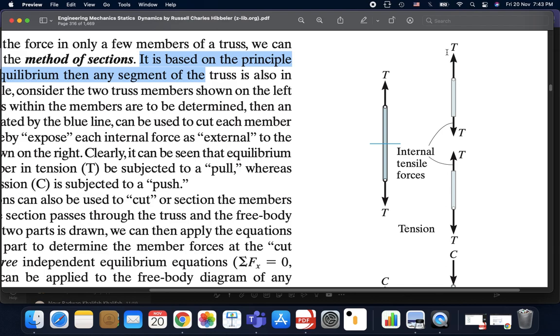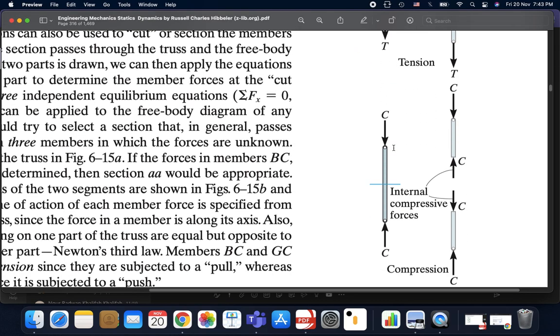So here, this is the original tensile force. Then inside the member itself, where we took this section, must also be under tensile forces. This situation also applies for compression. If this member was under compression, then compressive forces must be acting within the member itself. Okay?